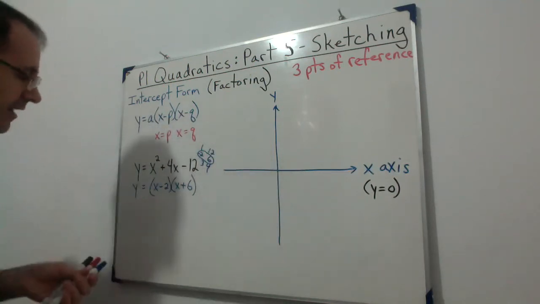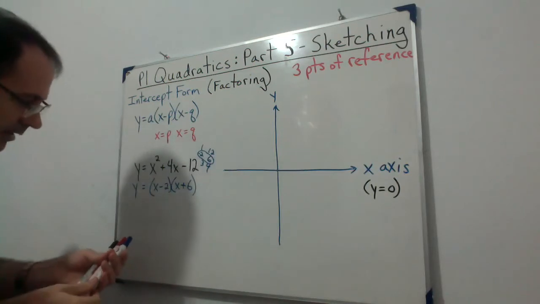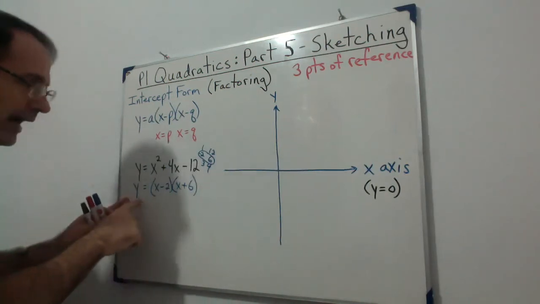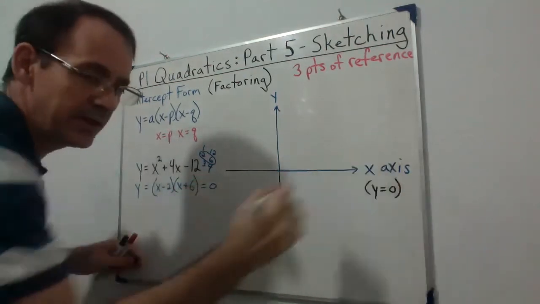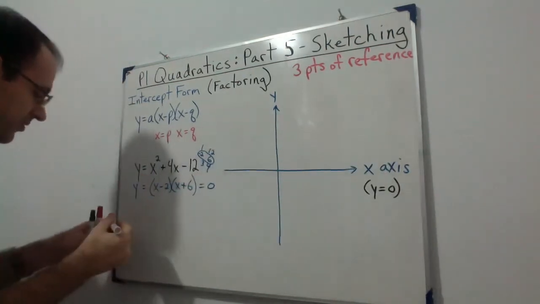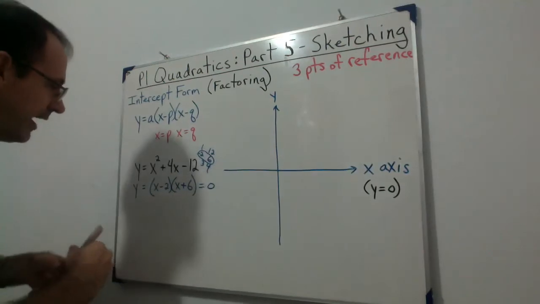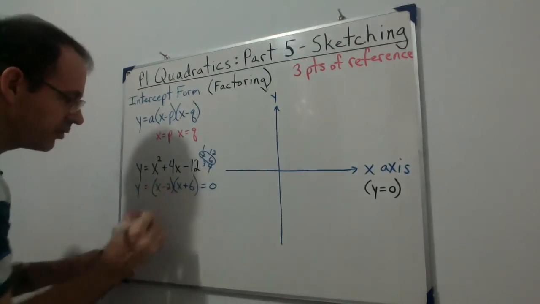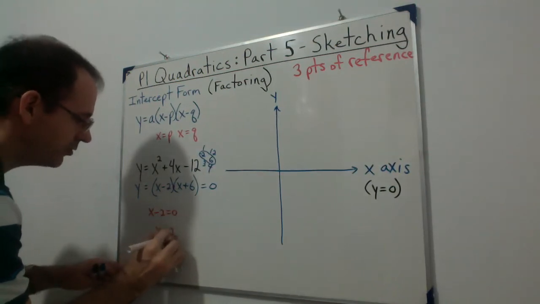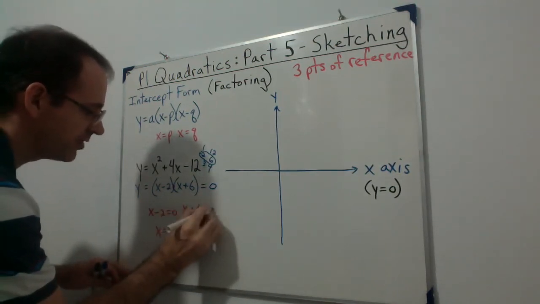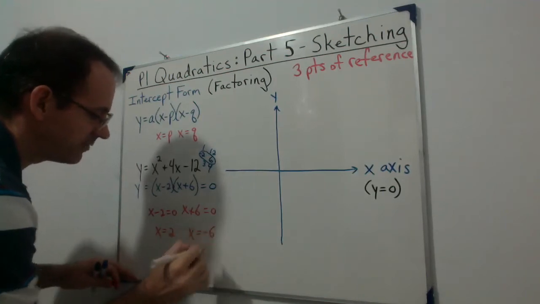So once we got this, it's just like your y equals 0 is what we're really solving for. So you can still take these and set each one to zero, the zero product rule. X minus 2 equals 0, x equals 2; x plus 6 equals 0, x equals negative 6.